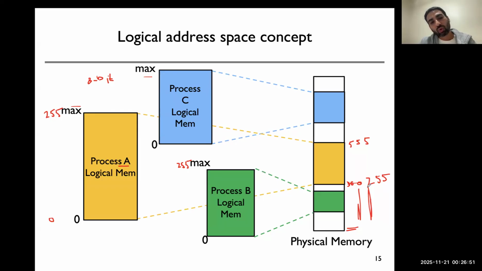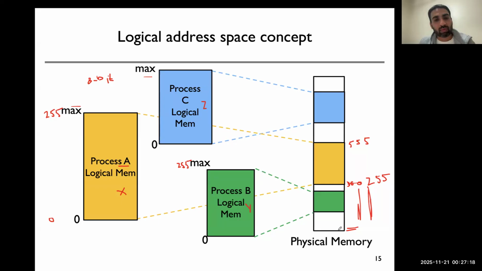Why? Because all those four processes running on the four cores will be generating addresses within the same range. For example, process A says I want to access variable X, process B says I want to access variable Y, and process C says I want to access variable Z. They think they are accessing their own data, but in total we have only 255 memory locations.